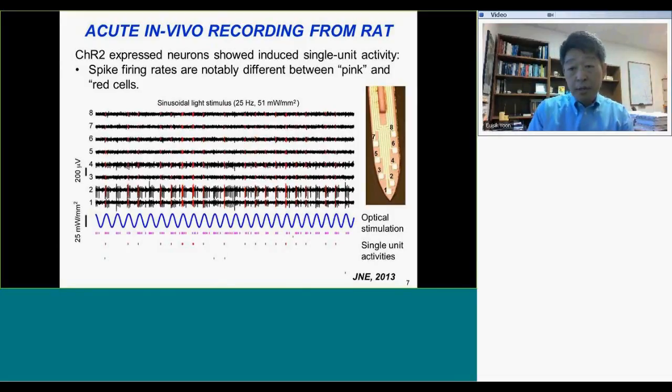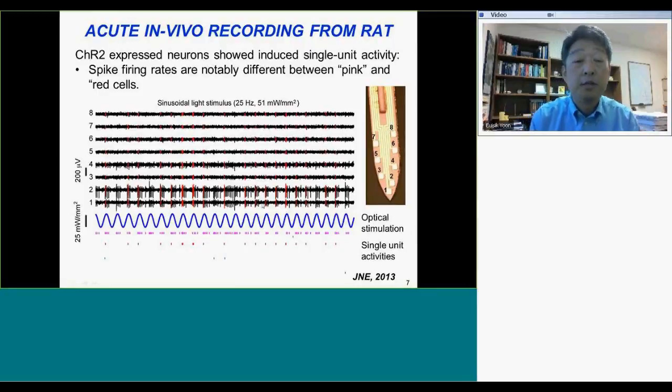And we put this into an animal in Euisik's lab, and this animal has channelrhodopsin-expressing neurons, and single unit spike activity was monitored along with the optical stimulation.